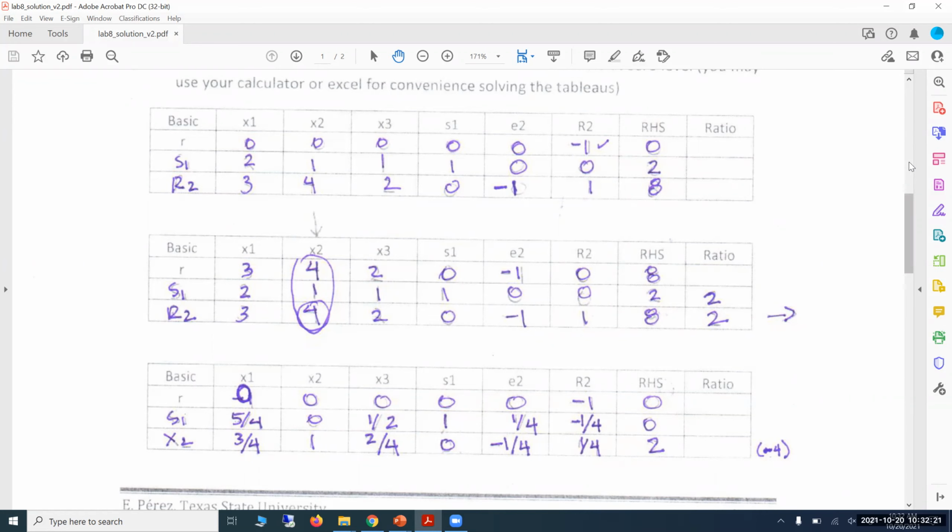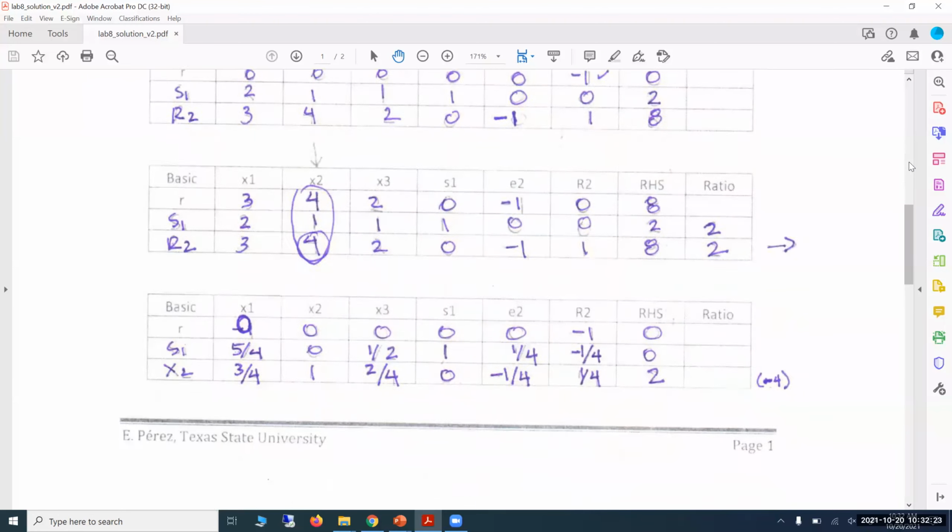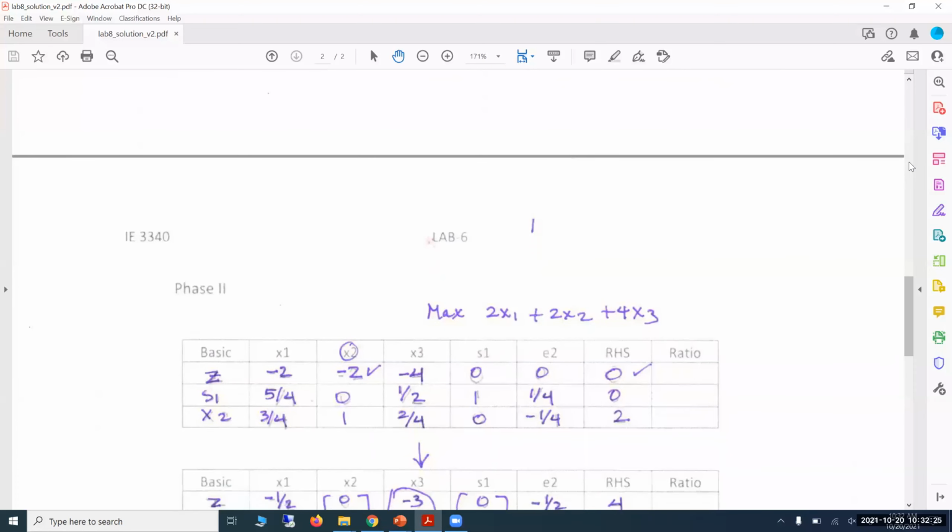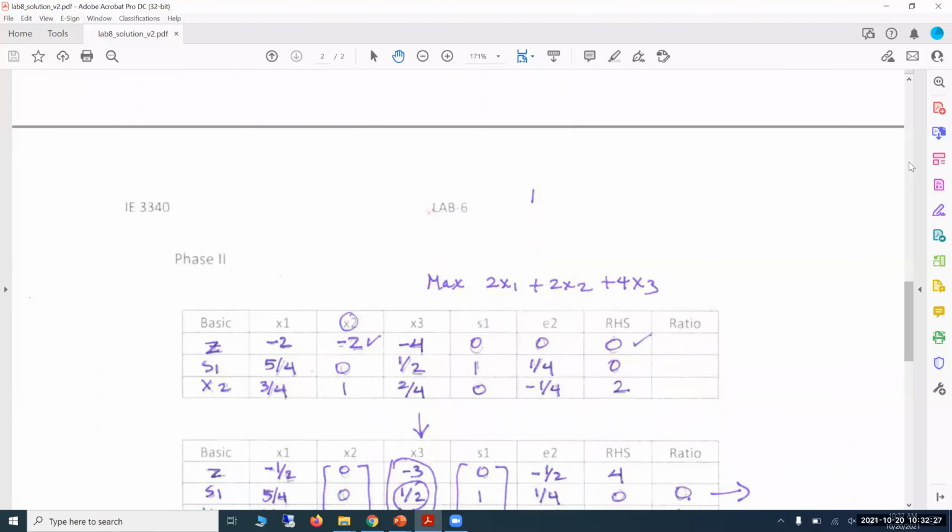Now you take the coefficients from this optimal solution to the new phase 2 tableau. You bring back the original objective function, and you bring the coefficients from that tableau. You eliminate the column for the artificial variable.